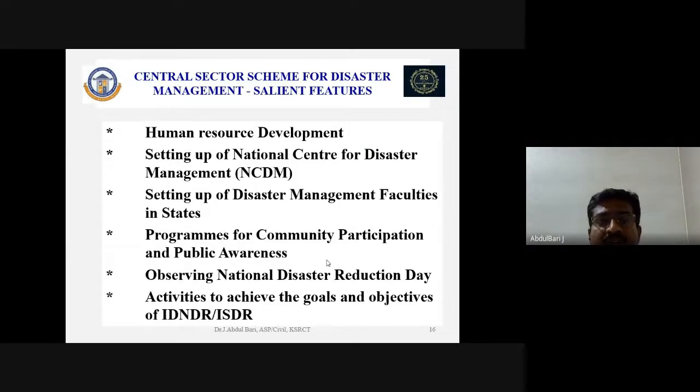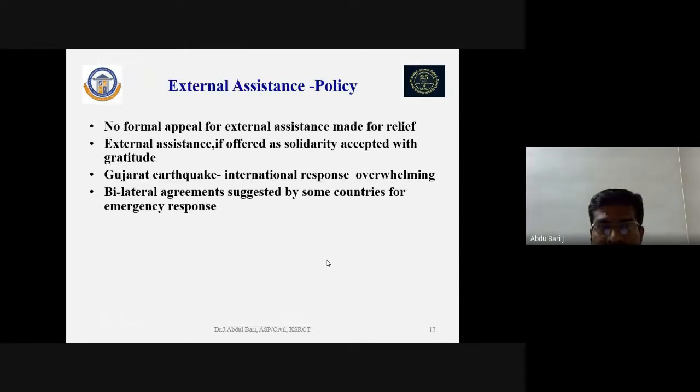Human resource development will play the main part in the central sector scheme for disaster management, with the setting up of the National Center for Disaster Management and disaster management faculties in the states, and programs for community participation and public awareness, and observing National Disaster Reduction Day, as well as activities to achieve the goals and objectives of national disaster management.